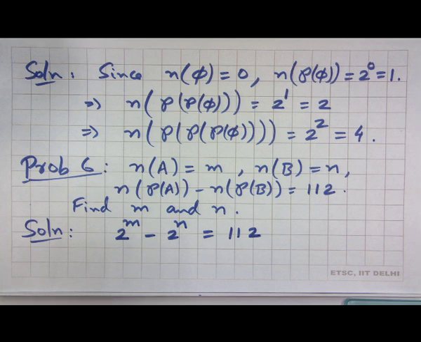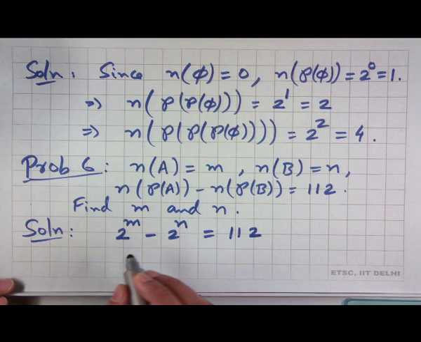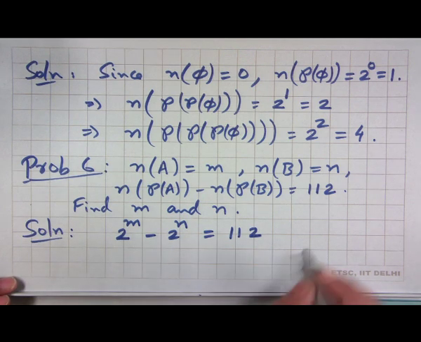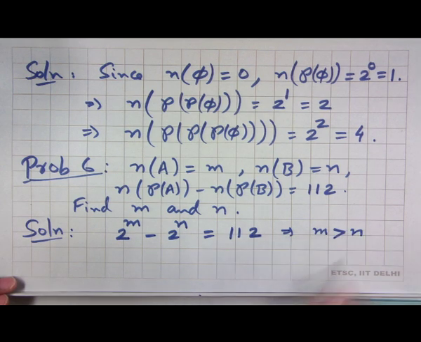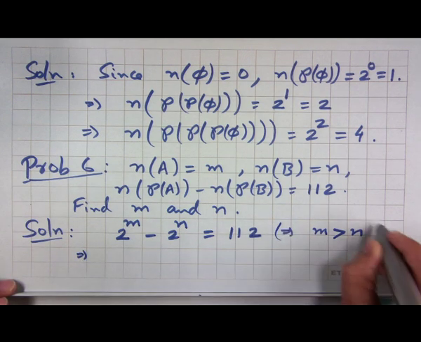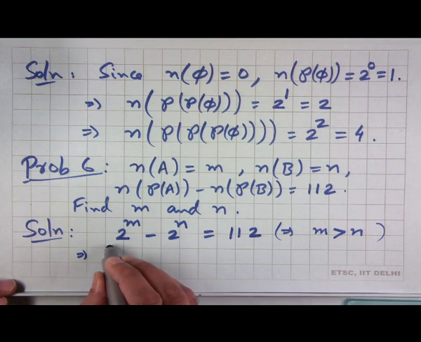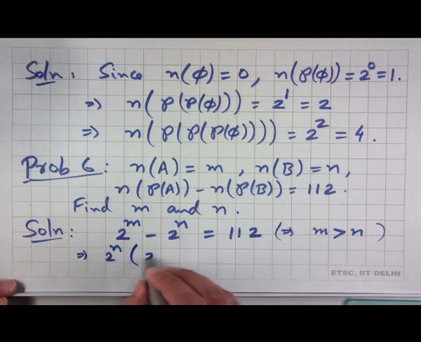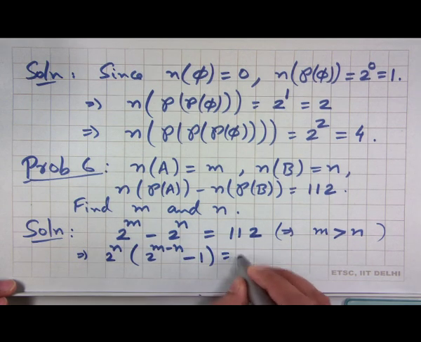So, you might be thinking that we have only one equation and from here we have to find both m and n, but you can do it because, so this first of all implies that m is bigger than n, and then you can write this as, we can take out 2 to the n common, and then we have 2 to the power m minus n minus 1, this is equal to 112.